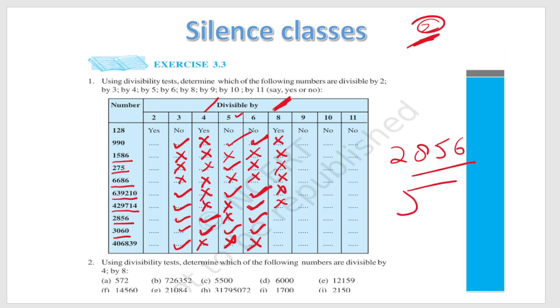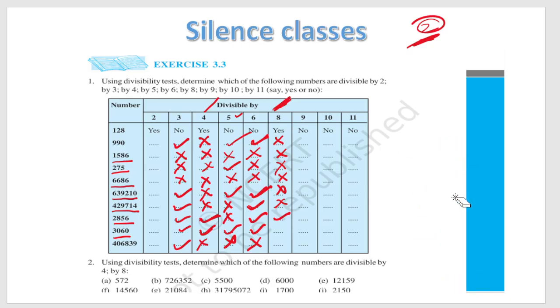Let's check whether 856 is divisible by 8. 8 ones are 8, 5, 0 6, and 8 sevens are 56. This means this number is divisible by 8. Yes, this number is divisible by 8.